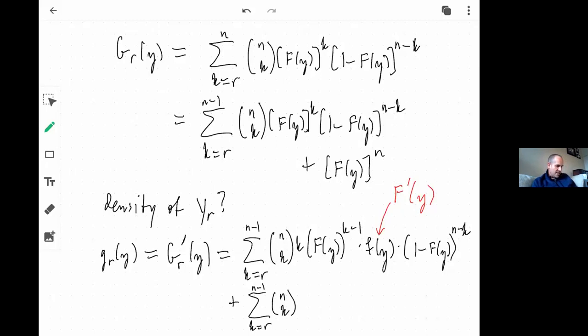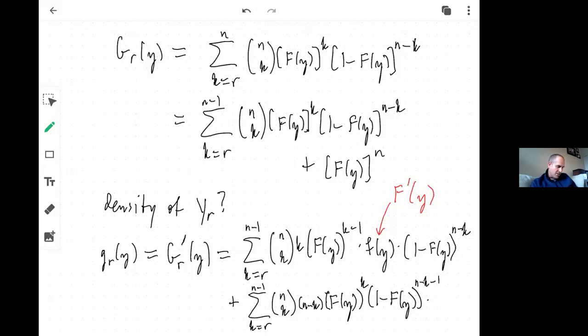The derivative of the second kicks down an n minus k, and then it's F of y to the k, and 1 minus F of y to the n minus k minus 1, times the negative of F prime of y.